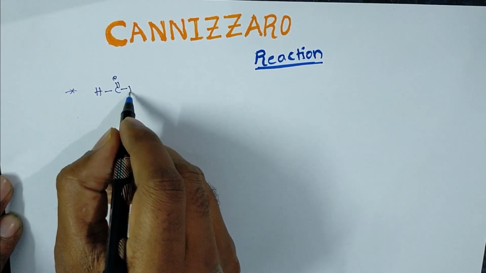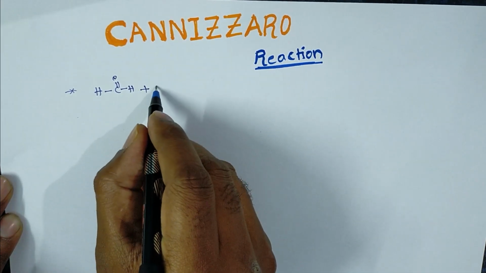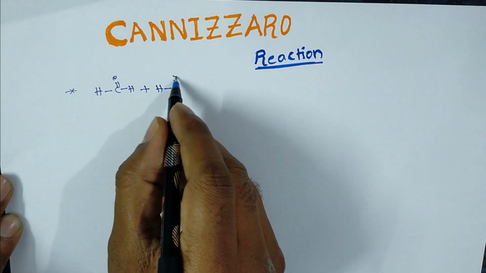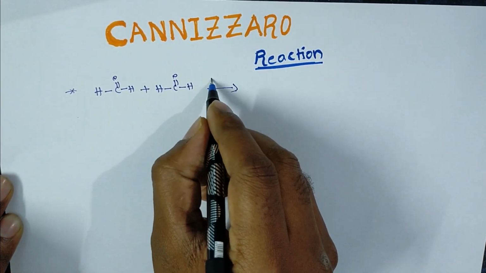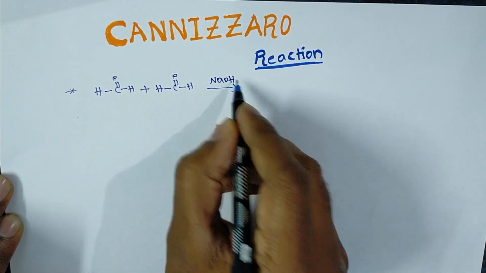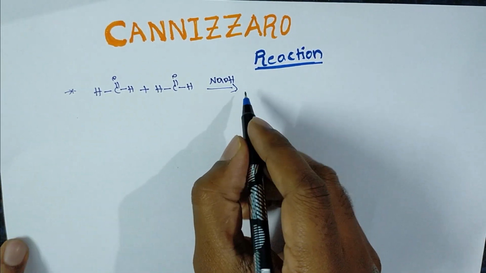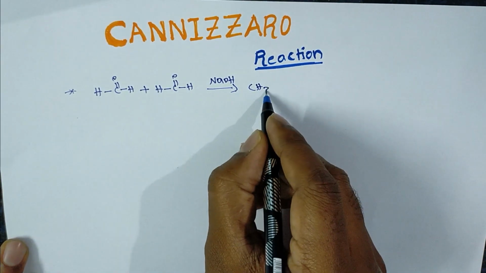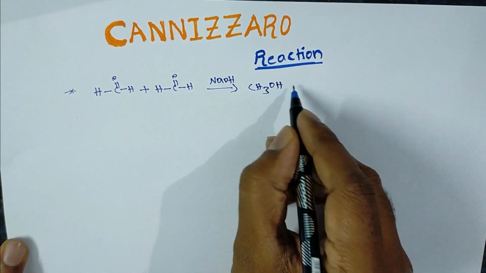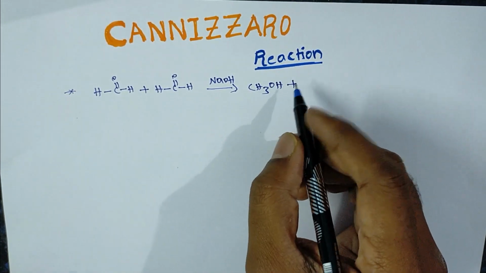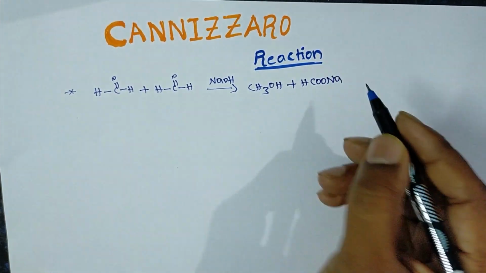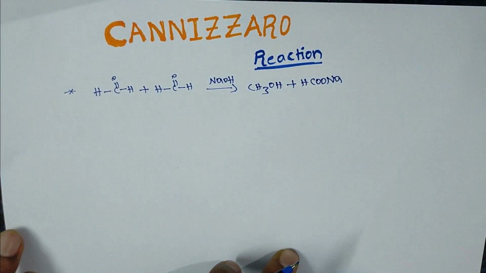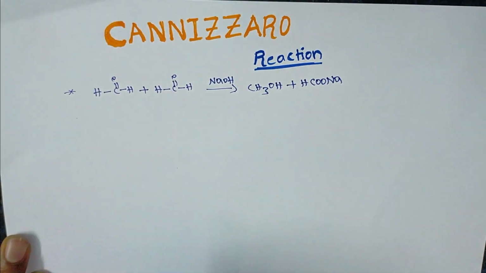Formaldehyde plus formaldehyde gives rise to CH3OH plus HCOONa.